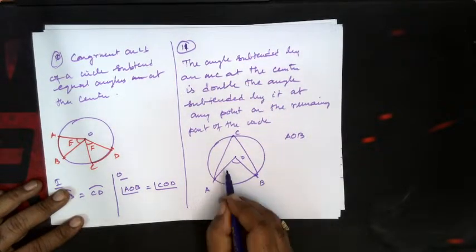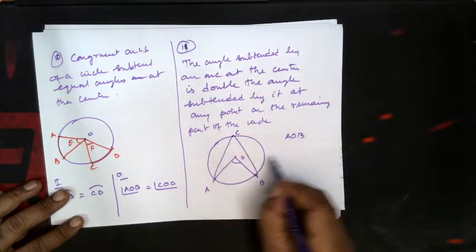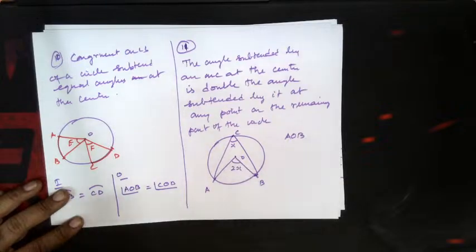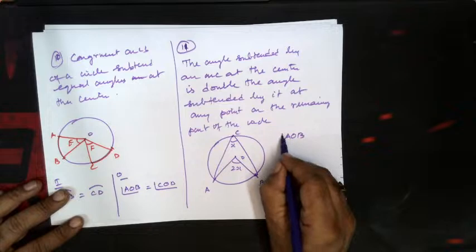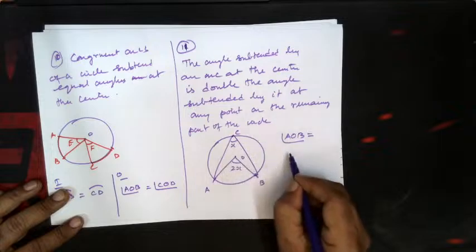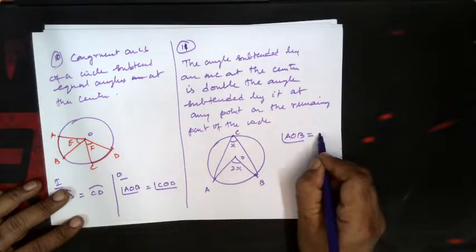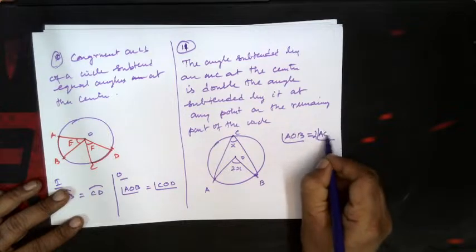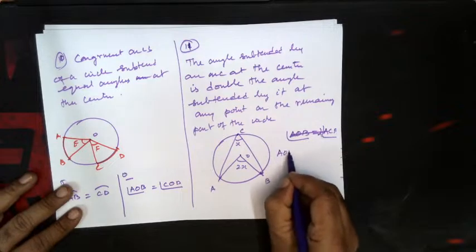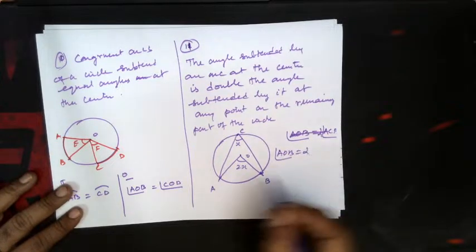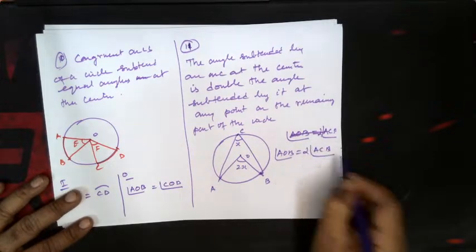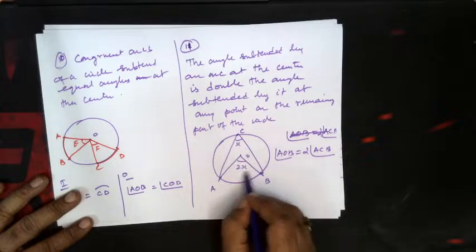So this will be double. Let me say this is X and this is 2X. So angle AOB, that is this center angle, is equal to twice the angle ACB. That is, angle AOB, the center angle, is twice the angle developed at any point, ACB. If it is X, this will be 2X.